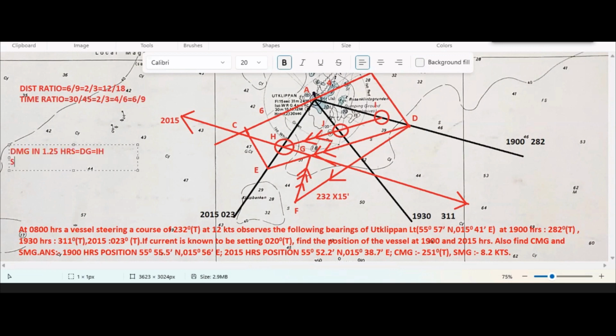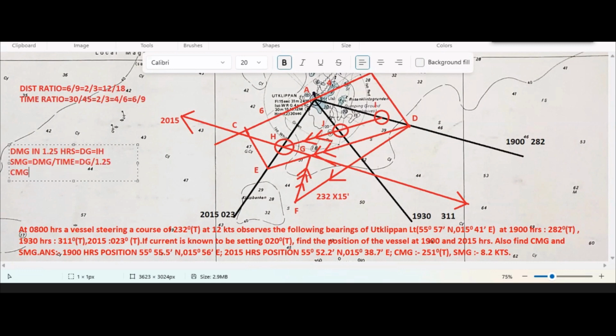Therefore, speed made good is equal to distance made good divided by time. The distance made good, you take any one, DG or IH, divided by 1.25 hours, you get your speed made good.